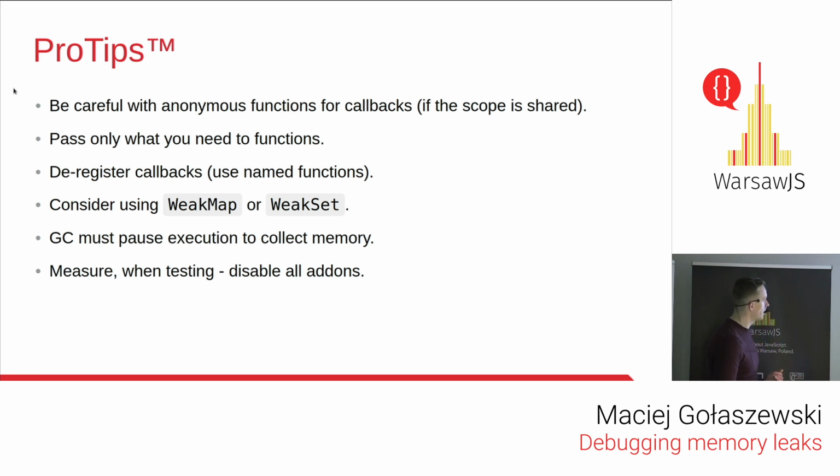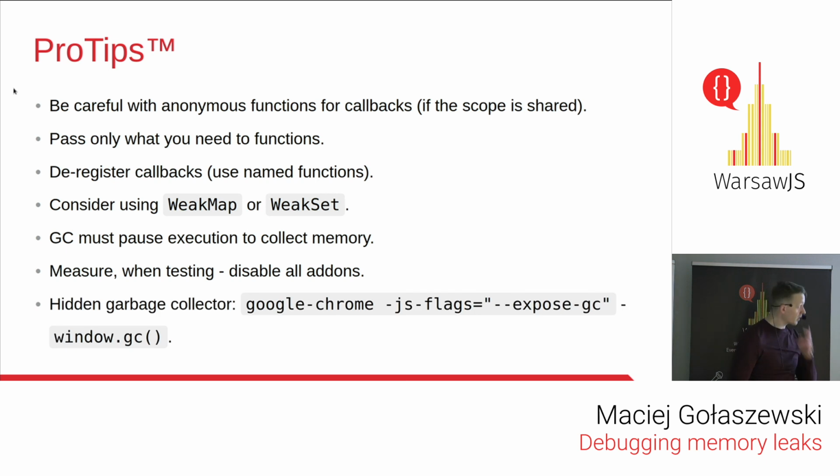Remember that the garbage collector must pause execution of your application to collect memory. Measure, and when testing, disable all add-ons. And as a bonus, you can start Chrome with special JavaScript flags to expose the garbage collector. We actually tried to use it in our automated tests with some success.